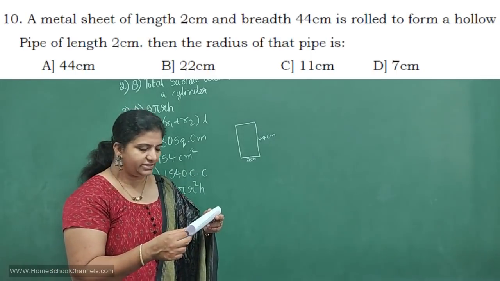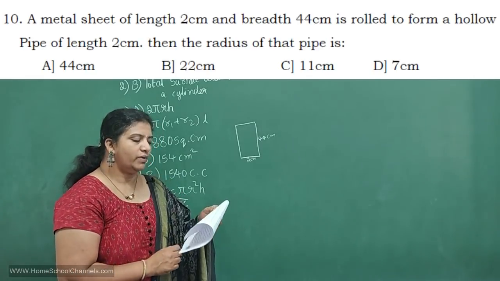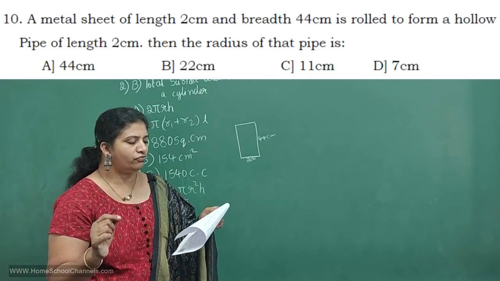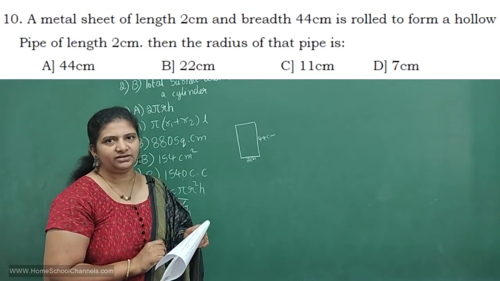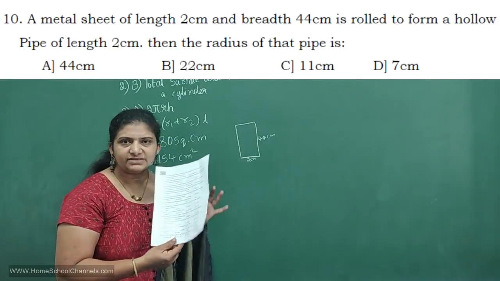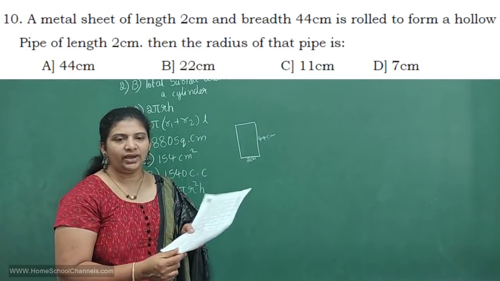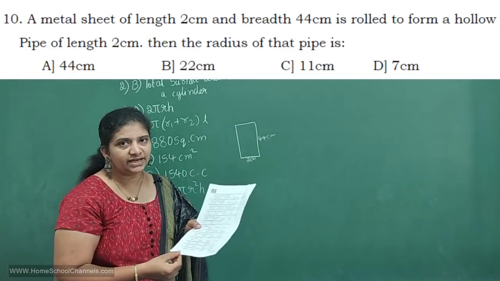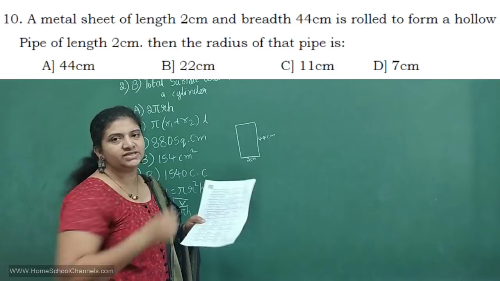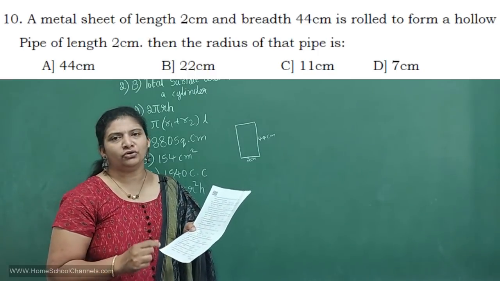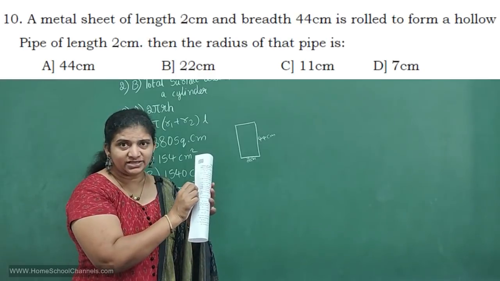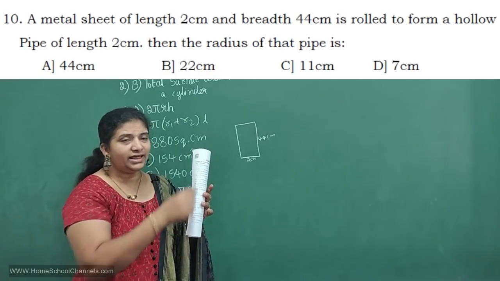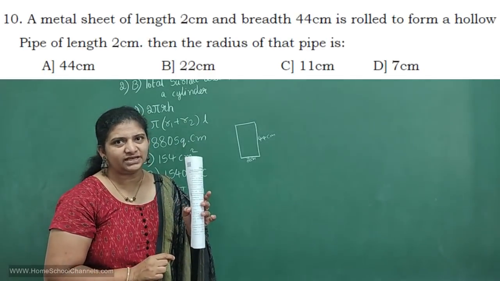Any way you can roll. But in your question, they have given a statement: it is rolled to form a hollow pipe of length 2 centimeters. Suppose this is the metal sheet, 2 centimeters and 44 centimeters. Which side are you going to roll? If you roll like this, the length of the pipe will be 44 centimeters.